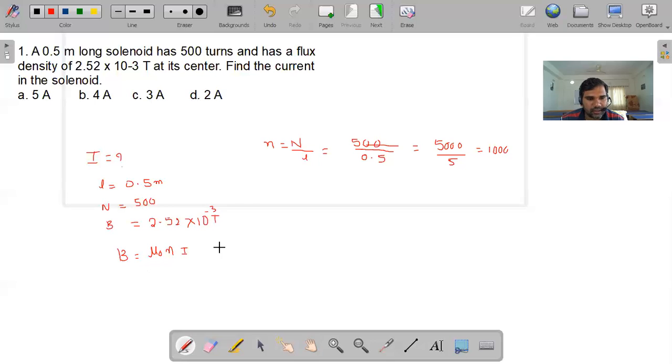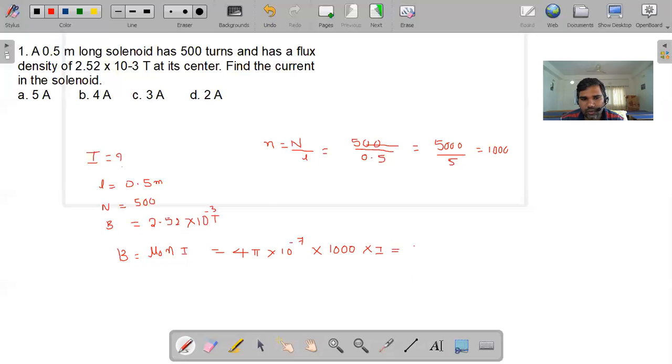That is small n. Mu naught is nothing but 4 pi into 10 power minus 7, into n is 1000. I is the question mark, and B, how much they have given? 2.52 into 10 power minus 3.